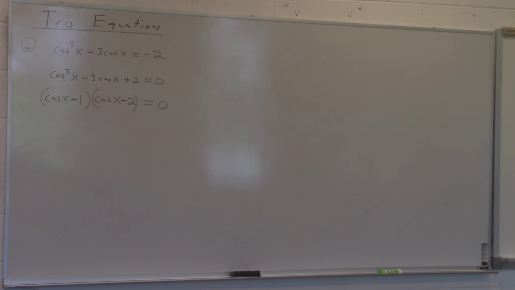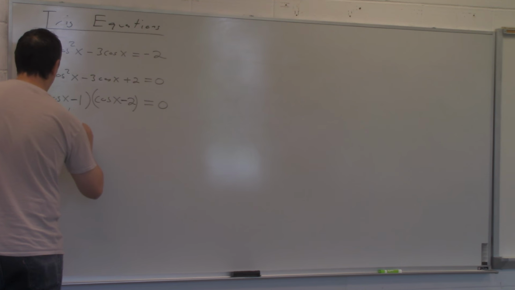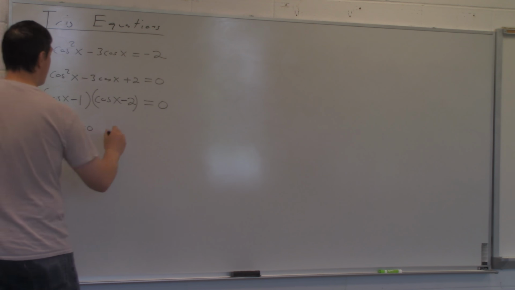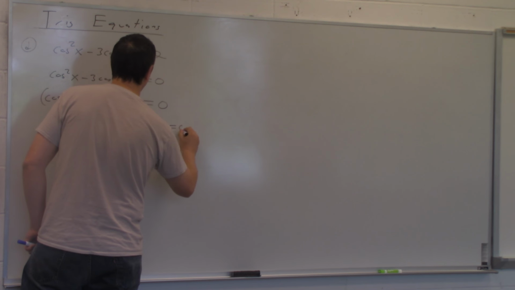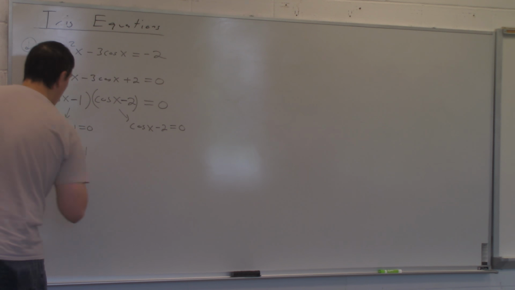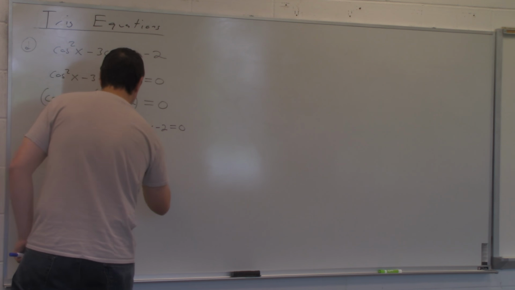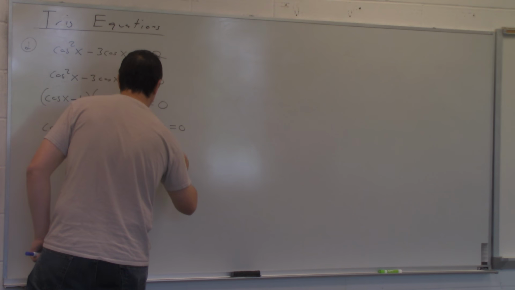I'm hoping that you were able to get that far with it. Then I'm hoping you said cos x minus 1 is 0, and cos x minus 2 is 0, meaning that the cosine of x is going to be equal to 1, or the cosine of x is going to be equal to 2.